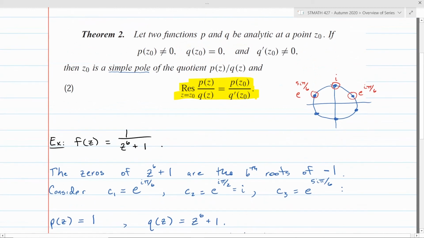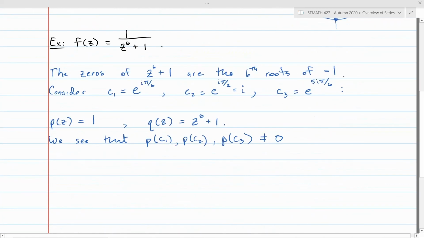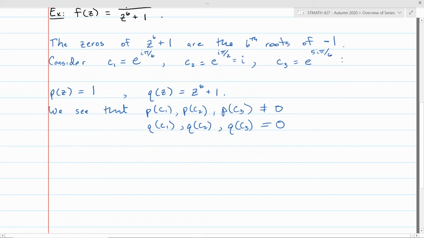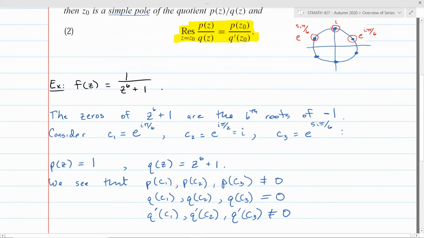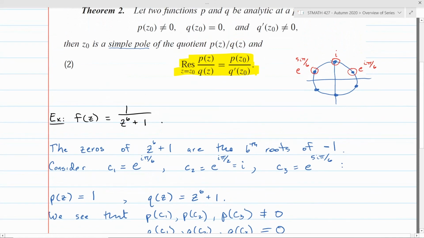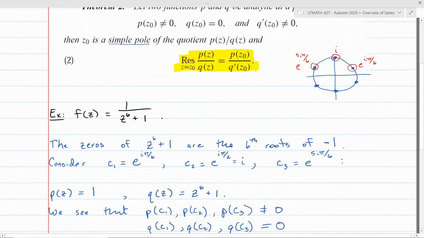We see that q of c1, q of c2, and q of c3 are all equal to 0. You can also check that if you take the derivative of q, which is 6 times z to the 5th, none of those are equal to 0. I'm just stating it as a fact, but it's a pretty quick computation: calculate the derivative, plug in those points, and see that you don't get 0.